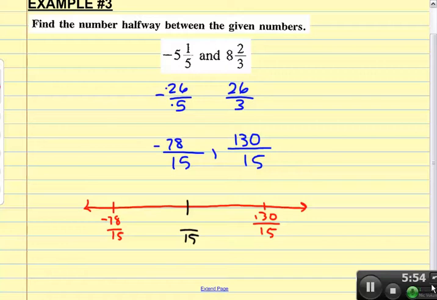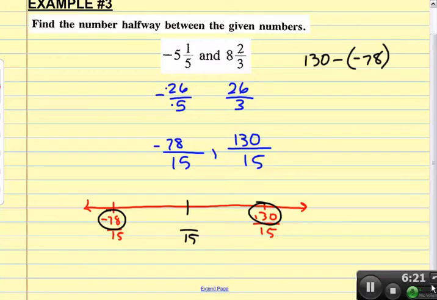Now, here's what I want to do. I want to take the two numerators, because they're all over 15, so I'm just dealing with the numerators. I want to find the difference between them, the distance between them. So I do 130 minus negative 78. Because remember, if I'm looking for distance, I just subtract numbers.